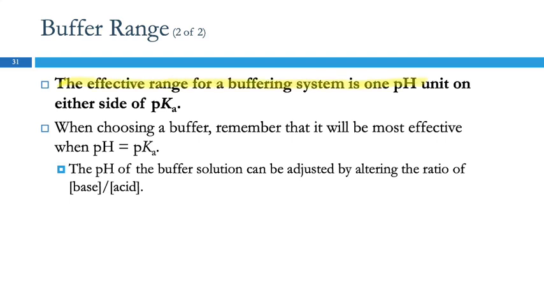Effective range for a buffering system: 1 pH unit on either side of pKa. So ideally, we would choose a buffer system that has a pKa that matches the pH that we want. It's not always possible. So then you adjust the pH by altering the ratio of base to acid.